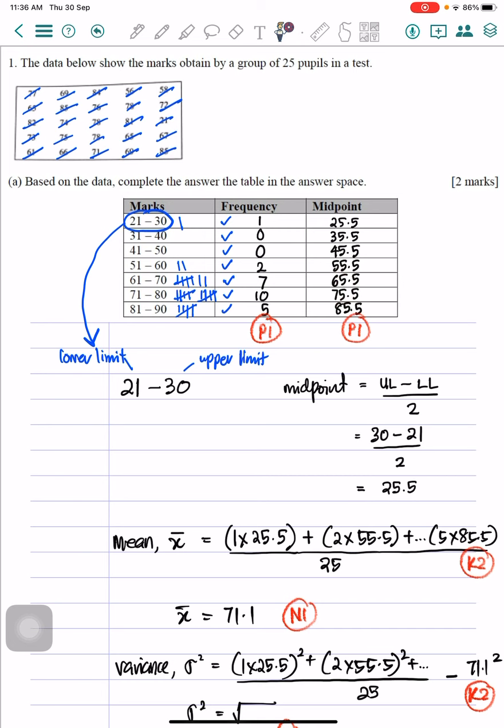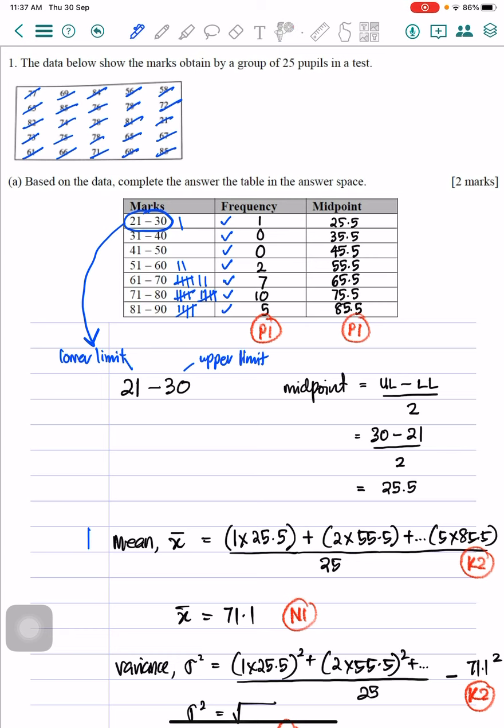Sometimes we can see the pattern, so you can recheck your answer. If there is something like 0.4, it is a miscalculation. If all values are correct you get P1. So that finishes the complete answer in the table, 2 marks.